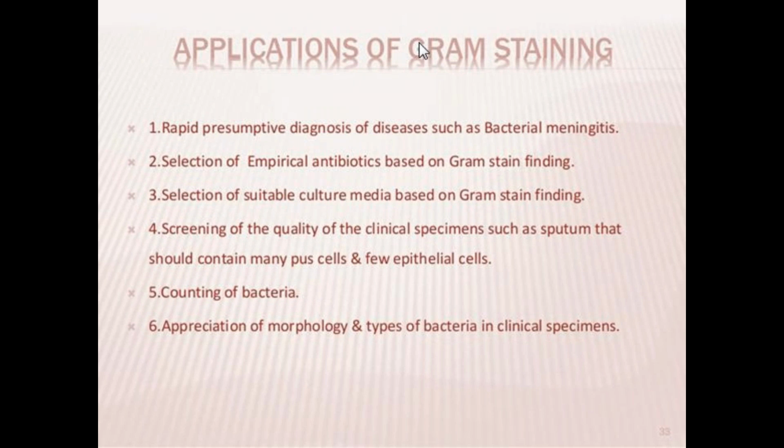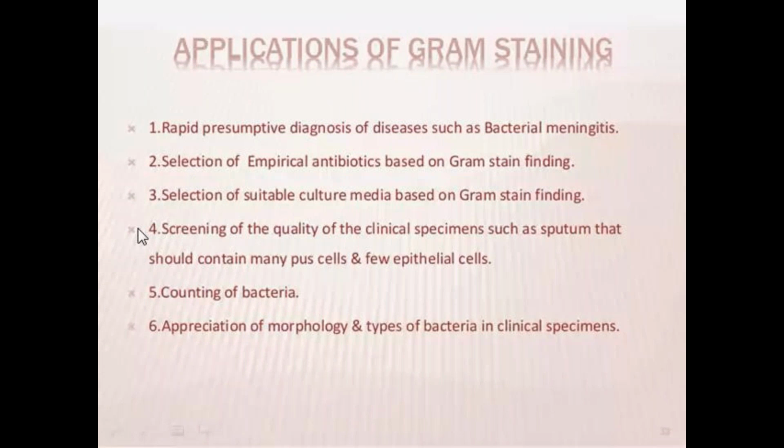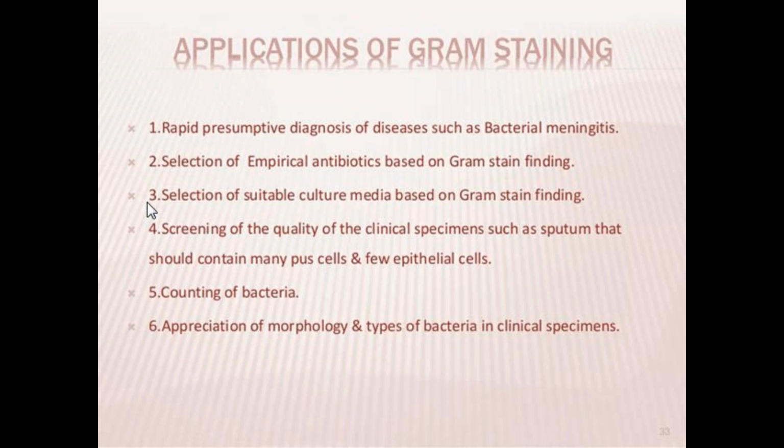Okay, and what are the main applications of gram staining? Here, this is mainly used for the diagnosis of diseases such as bacterial meningitis or other bacterial diseases. It can be used for the identification of Escherichia coli organisms. Also, it helps in the selection of different antibiotics.